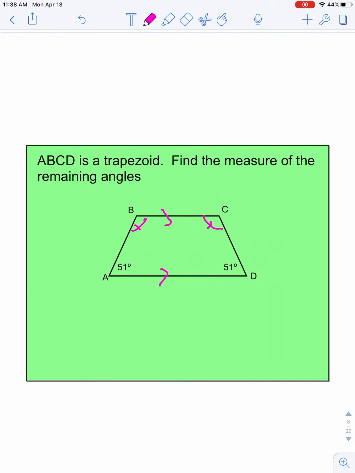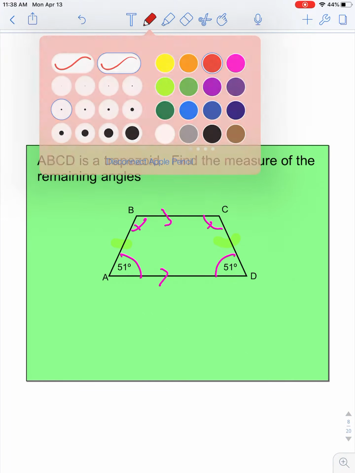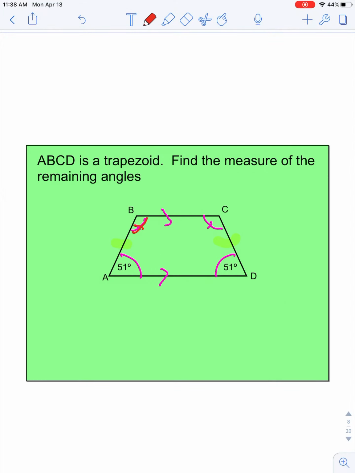Because these base angles are congruent, then we know that these legs are congruent, because remember that was an if and only if. So now we can determine that this is an isosceles trapezoid, so we know that these will also be congruent.